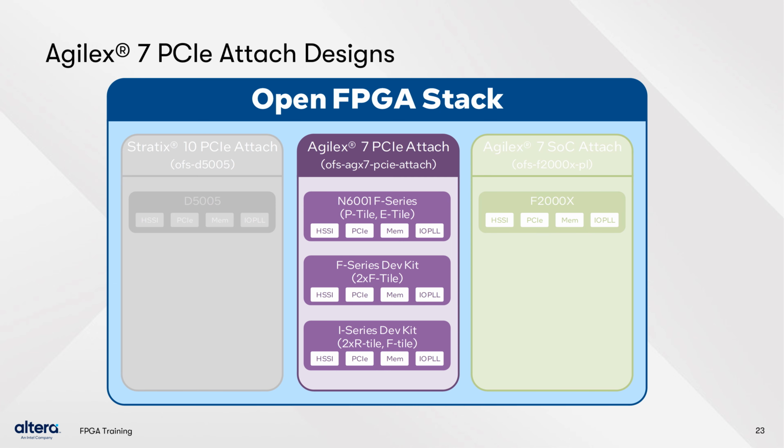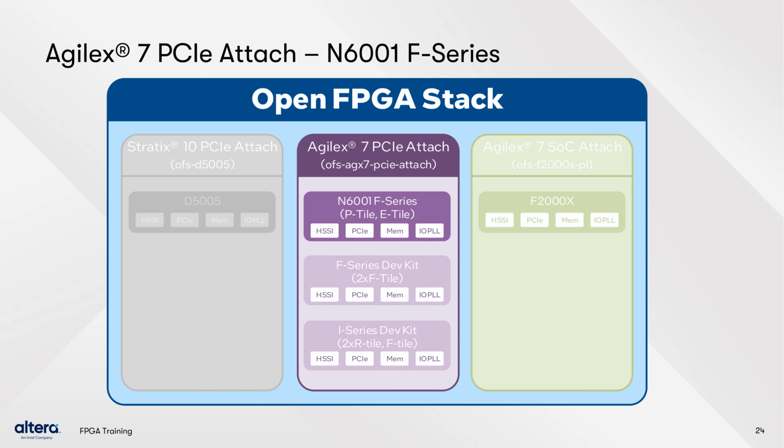When you clone the Agilex 7 PCIe attach source files repository, it comes with all of the IP needed to build the shell. When you run the build script, it will use the default OFSS files to configure the IP based on the target board. For example, when targeting the N6001 board, the IP will be configured accordingly. You can also specify OFS settings to modify the default IP as desired.